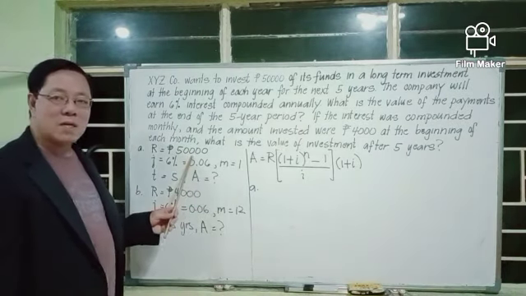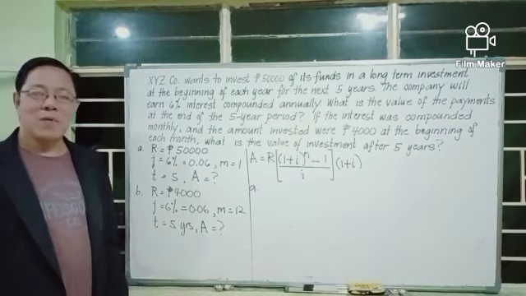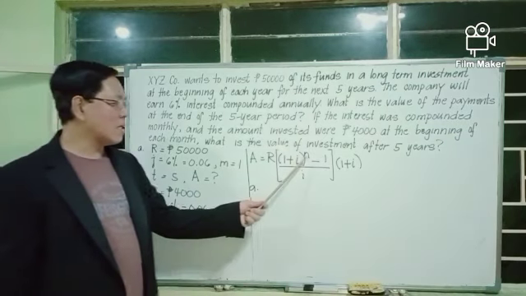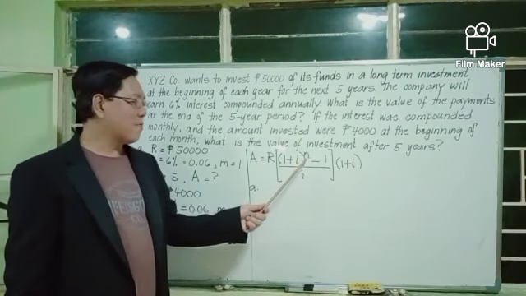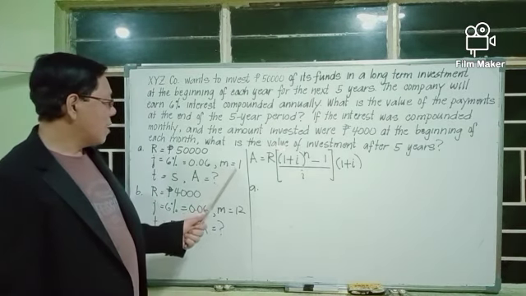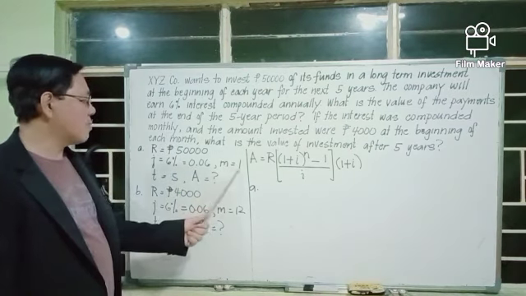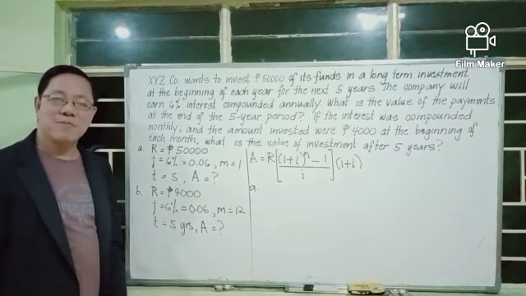In letter A, the payments of 50,000 pesos are made at the beginning of each year for 5 years. Therefore, the number of payments N is 5. Or by formula, N is equal to M multiplied by T, but M is 1 and T is 5. 1 multiplied by 5 is 5.